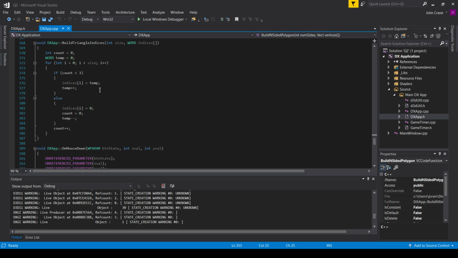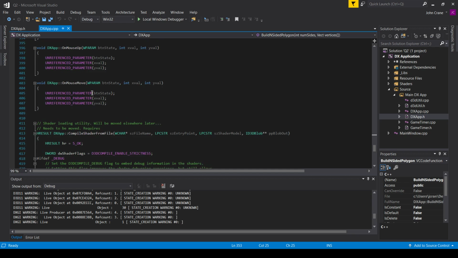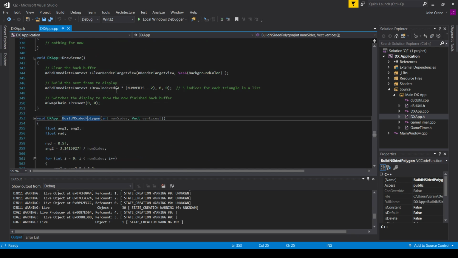Since it increments every 3, it'll go back to the correct number, which would be 0, 1, 2, 0, and then 2, 3, so it'll go back to 2. And then I think that's it. Oh, and then I just change this. It's the same as the ratio, but just to make sure there's 3 indices for each triangle.